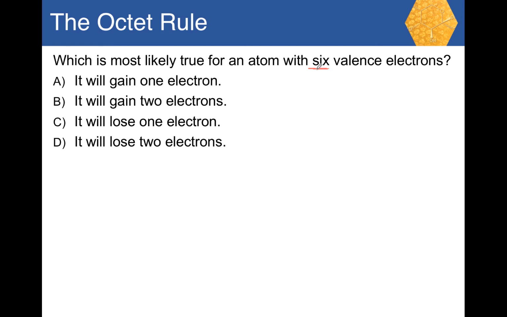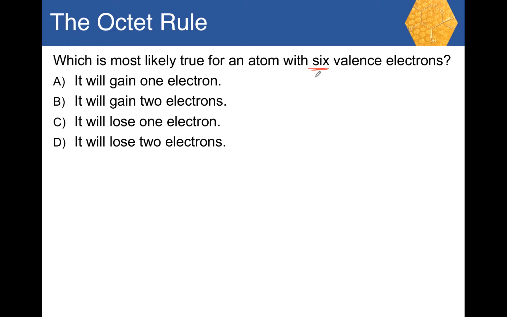What it's asking is, it would like to gain the electronic configuration of a noble gas, which means that it needs an octet of electrons in its outer shell, which also implies that it can gain 2 electrons to get 8, or it can give up all 6 electrons to get a full shell.